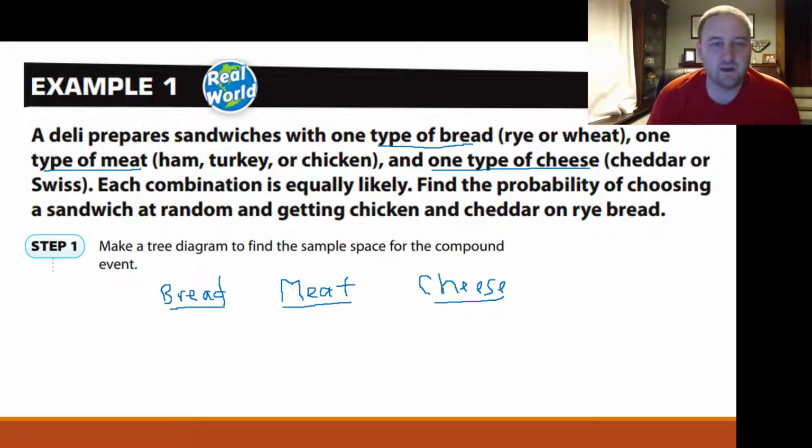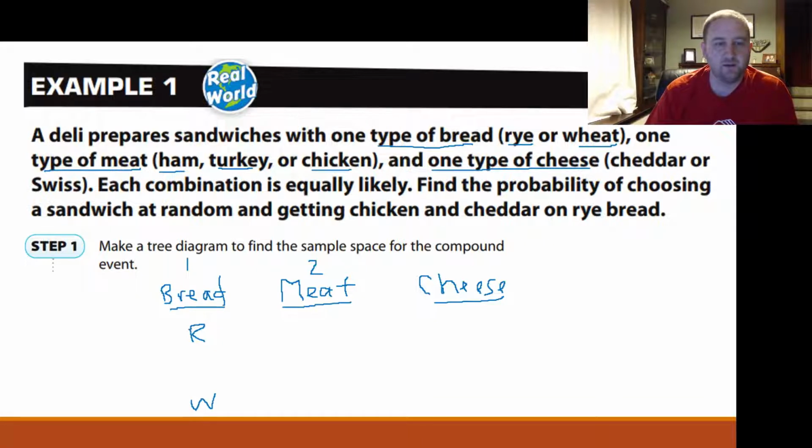Below bread, I'm going to list the different types of bread that we could get. So we could get rye or wheat. Now I'm going to abbreviate these, R and W, for rye or wheat. Those are my two choices. Next, event number 2, so that was event 1. Event number 2 is what types of meat. So the types of meat I could get are ham, turkey, or chicken.